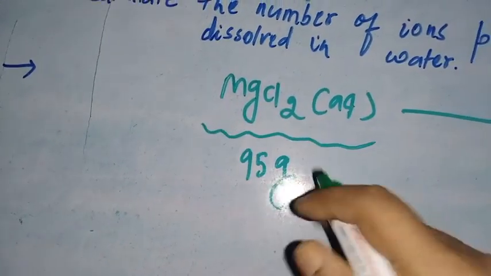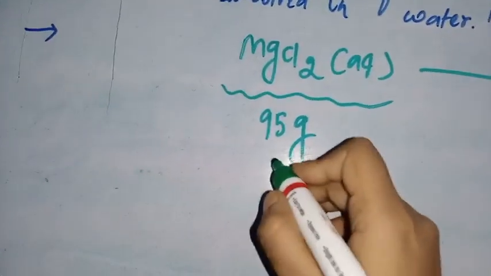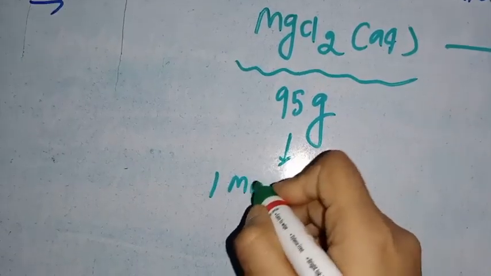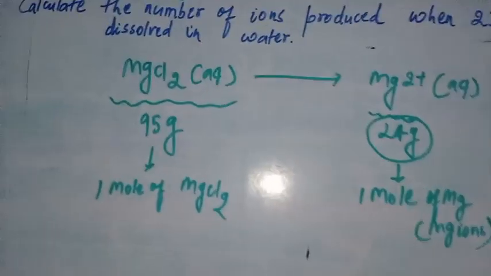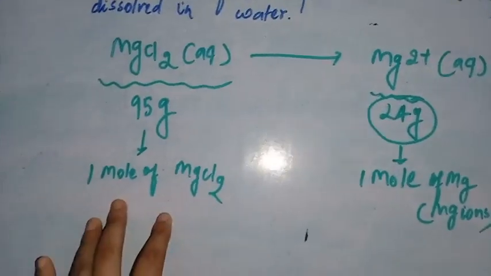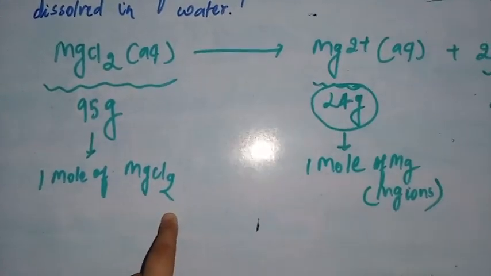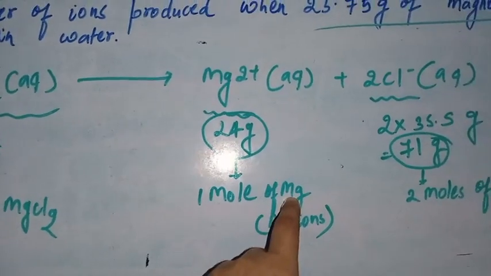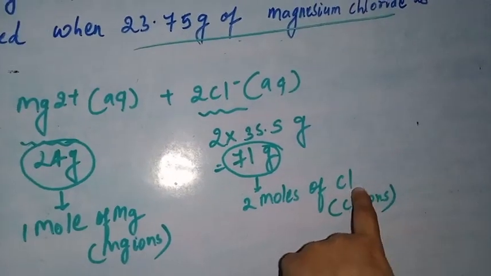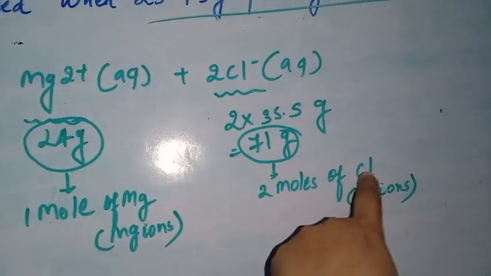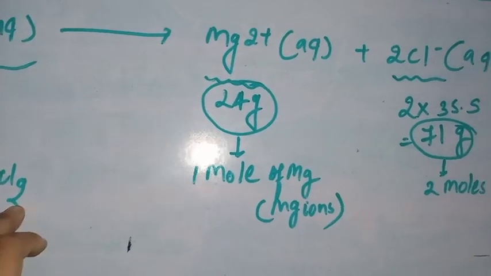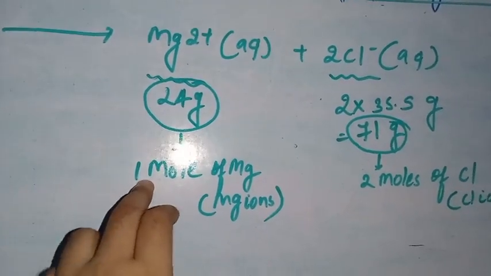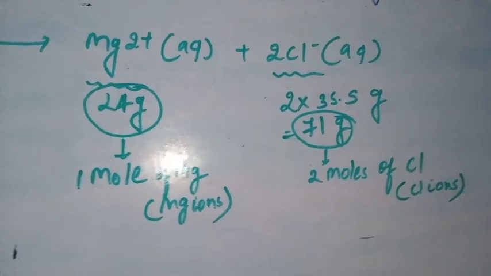And 95 gram is the molar mass of MgCl2, that means it is the mass of 1 mole of MgCl2. So from this we have got one equation, that 1 mole of MgCl2 contains 1 mole of magnesium ions and 2 moles of chloride ions. So in total, 1 mole of magnesium chloride contains 3 moles of magnesium and chloride ions.